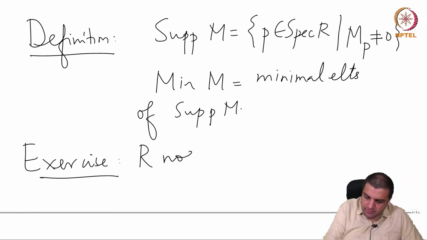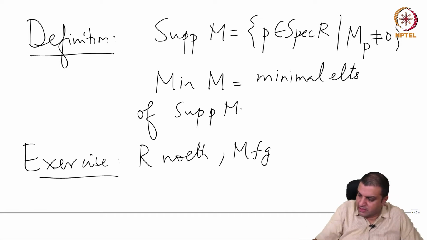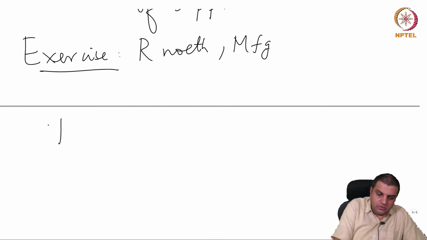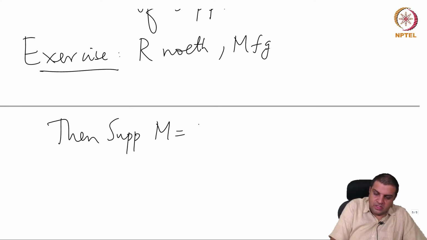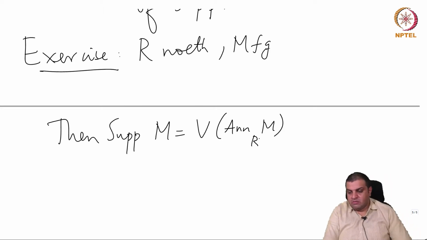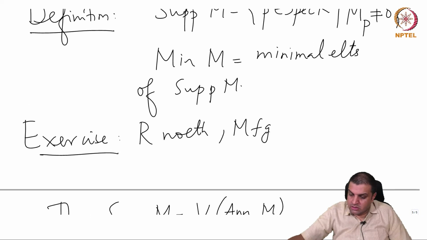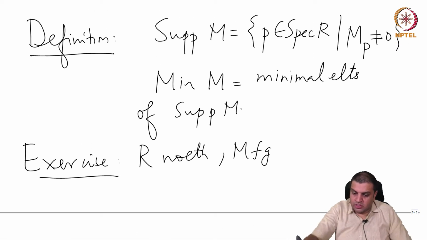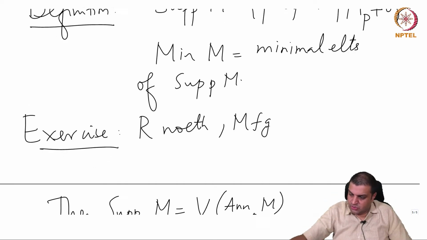R Noetherian, M finitely generated, then support of M is V of the annihilator of M. Annihilator of M is the elements of R that kill all elements of M. Okay, this is an exercise which you should do.